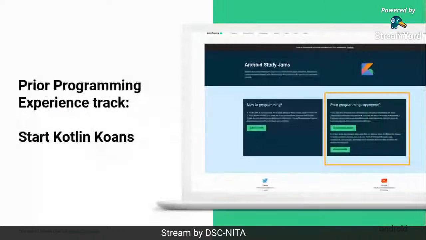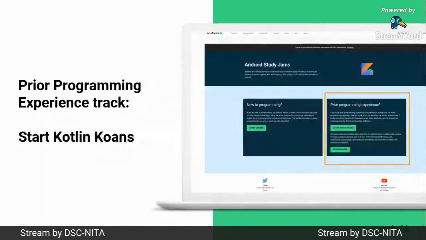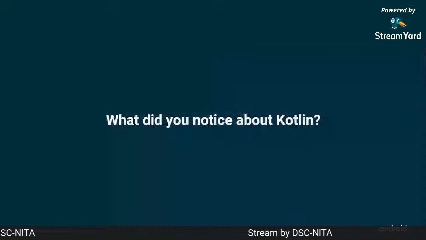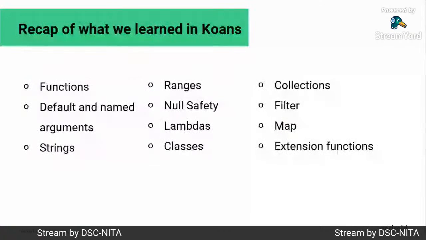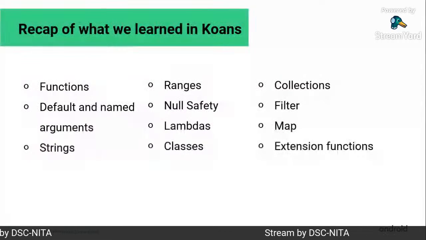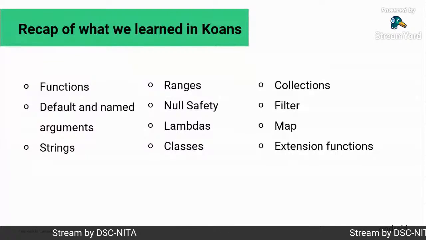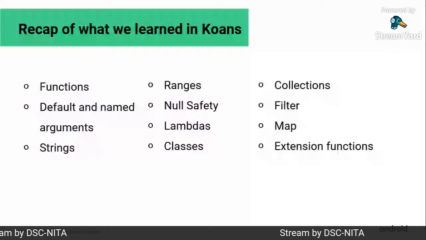Okay, so after the Kotlin Koans, what will you learn in Kotlin Koans? You will learn about functions, default and named arguments, strings, ranges, null safety, lambdas, classes, collections, filters, map, extension functions.